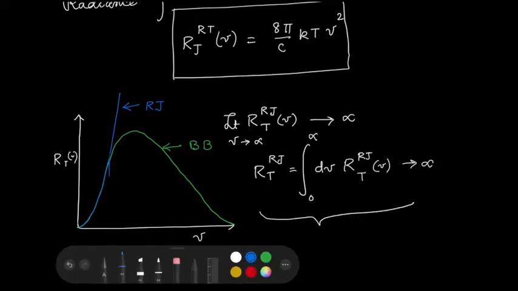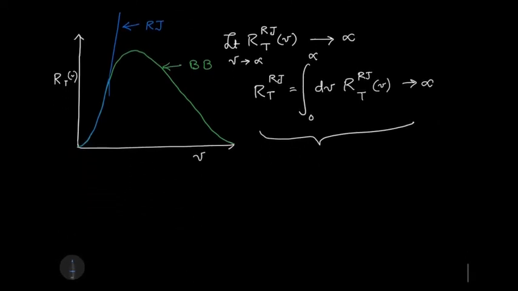So at high frequency, both of these diverge. So obviously this explanation failed. It did not follow the blackbody curve. So this phenomenon was called the ultraviolet catastrophe.